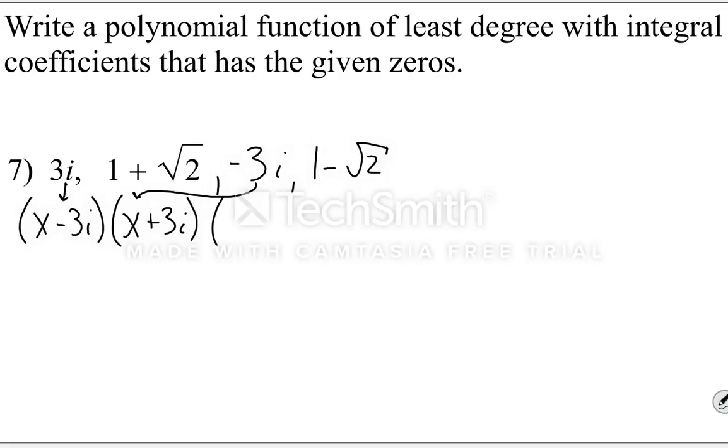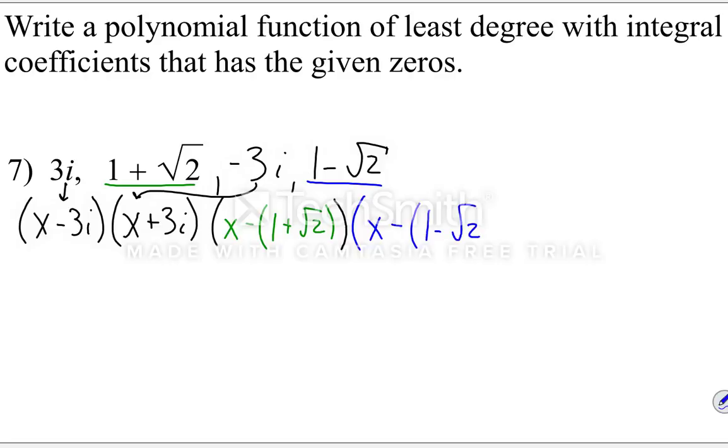Then for the 1 plus square root of 2, okay, I get x minus 1 plus root 2. And then for the 1 minus square root of 2, okay, right here, I get x minus 1 minus square root of 2.